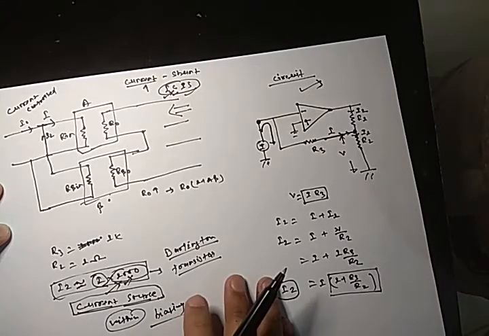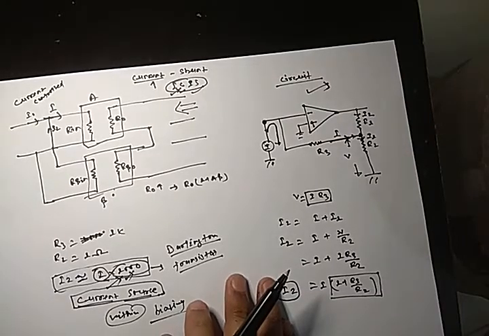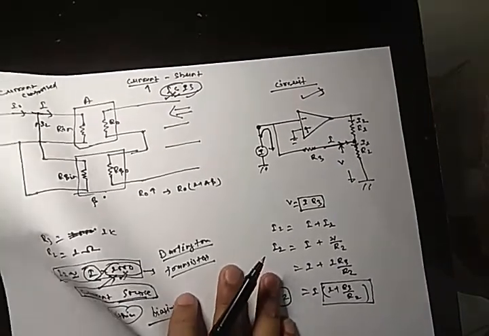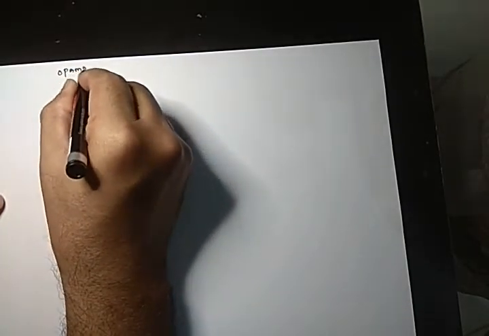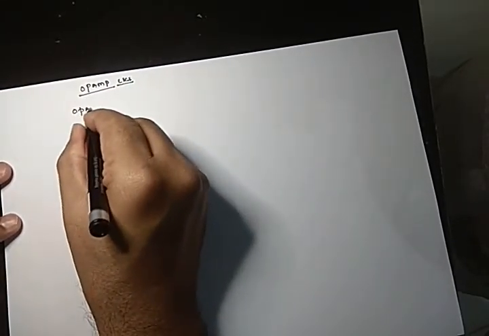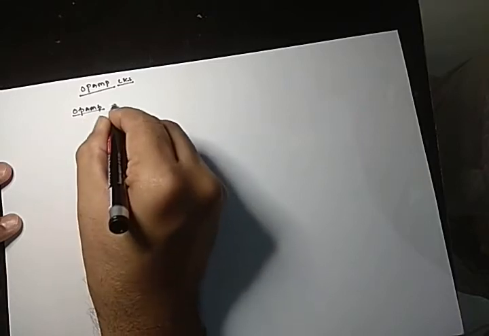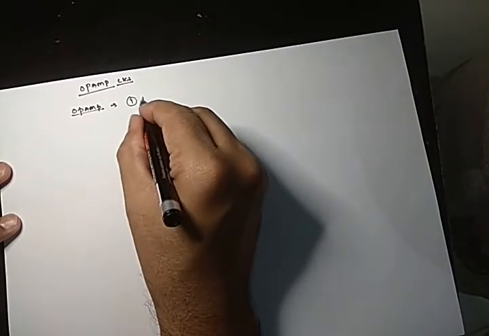So this was all about the feedback path. Now the op-amp circuit can be used in many ways. Op-amp circuit can be used as a multiplier circuit.